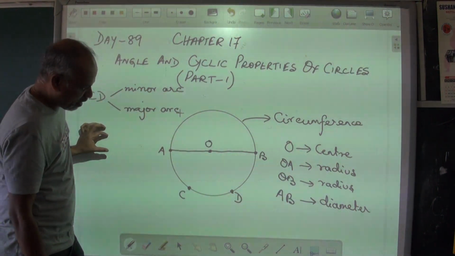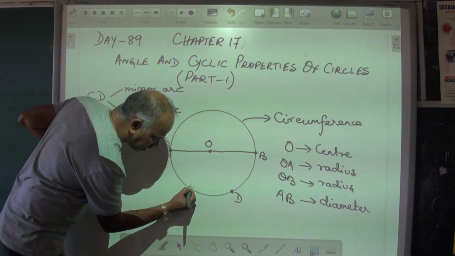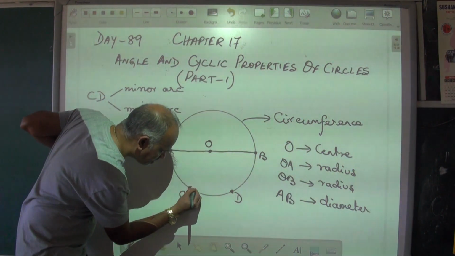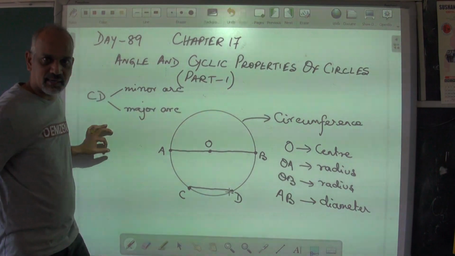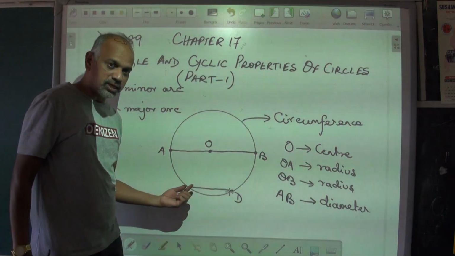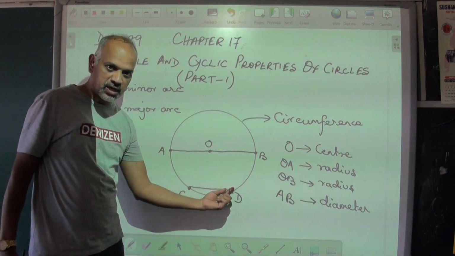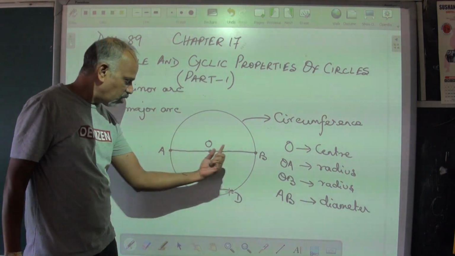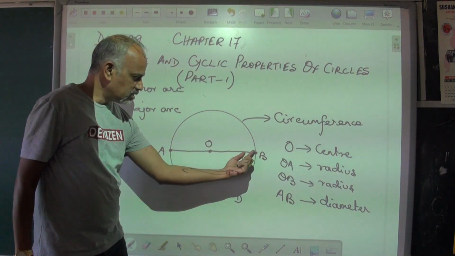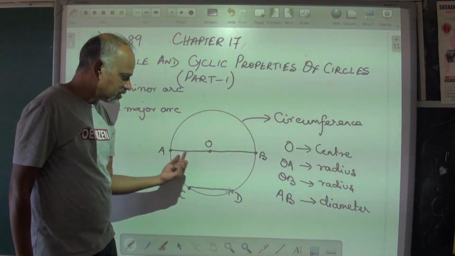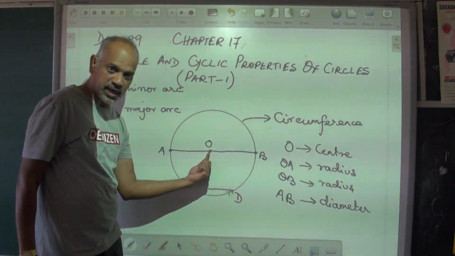Now, if I join CD by a straight line, joining C and D, 2 points on the circumference. But look at this. These are also 2 points on the circumference joined by a straight line, but this straight line passes through the center.